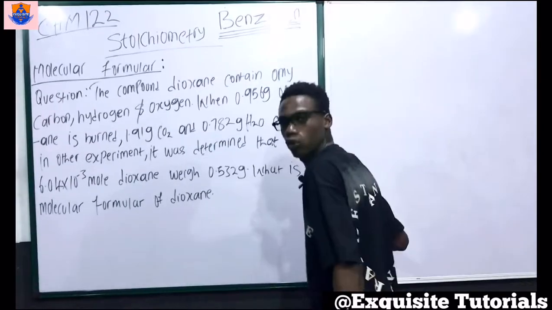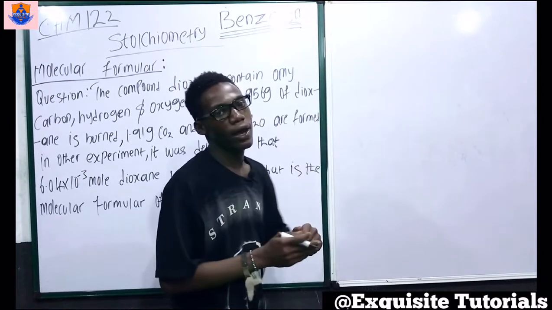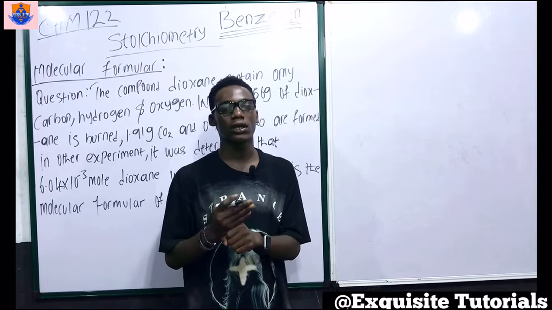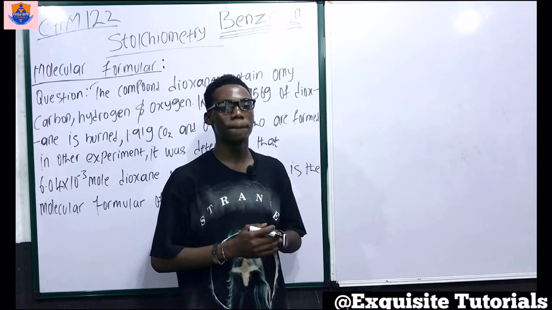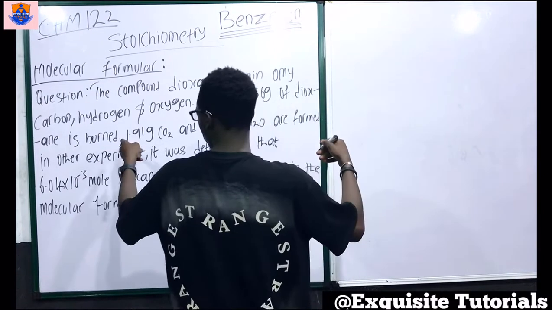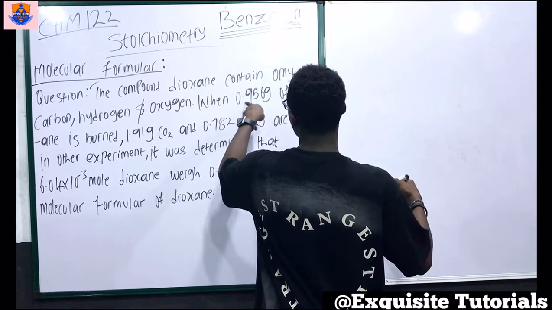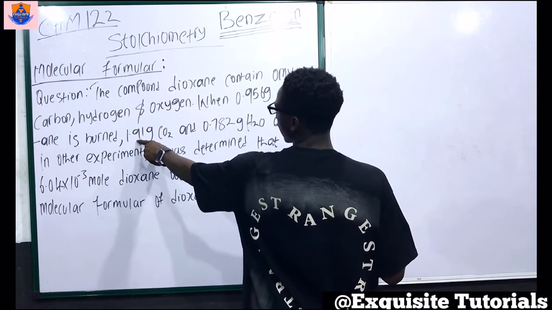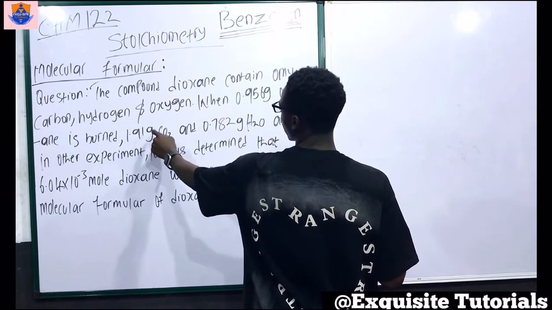All right, so we already have the idea of empirical formula, so we're going to be using the empirical formula process for us to find the molecular formula. So now, making it straight, we have here 0.956 gram of diazine and 1.91 gram of CO2.